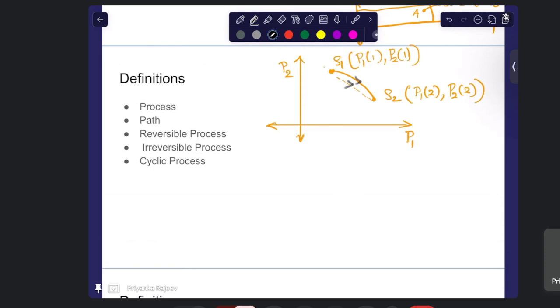So this is intermediate state 1, IS1, IS2, IS3, like that it will go. So it is going from state 1 to state 2 through multiple well defined states. That is called a reversible process.